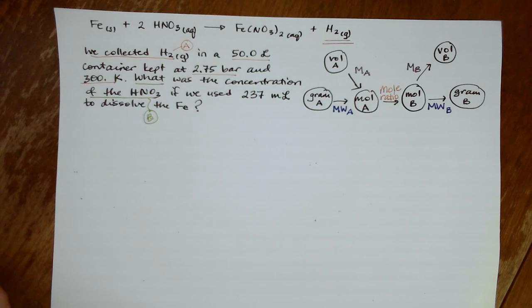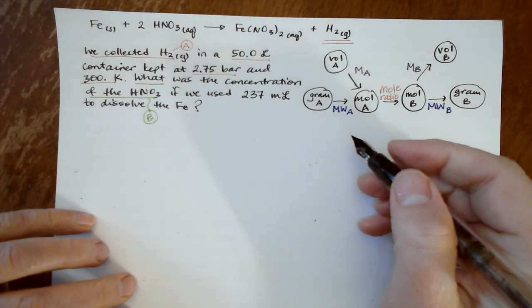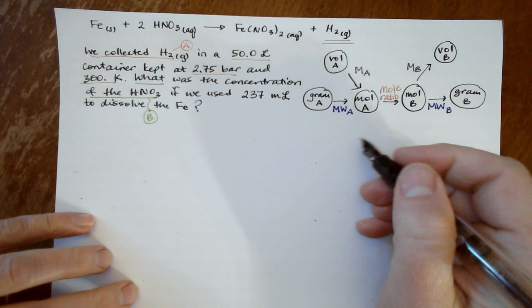The second step is to figure out where we are on this chart, or where we need to be. Of course, I made this a little bit tricky because it's a gas law problem and I didn't put anything about the gas law on our diagram.